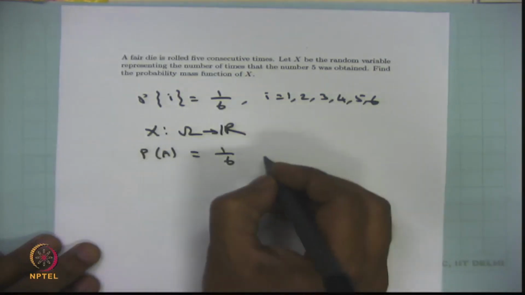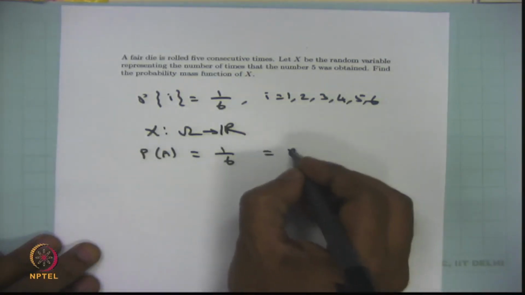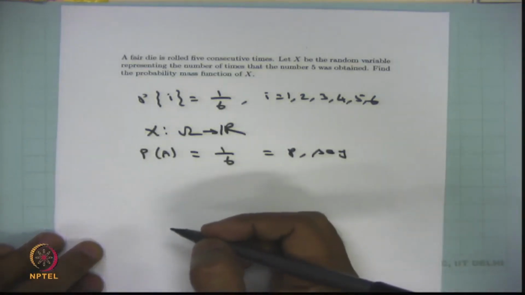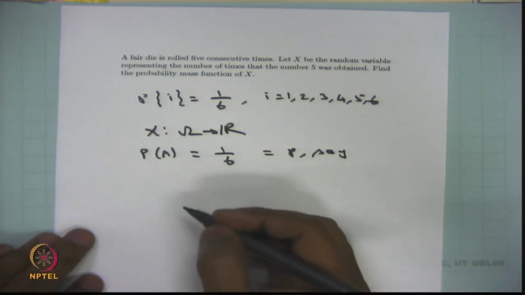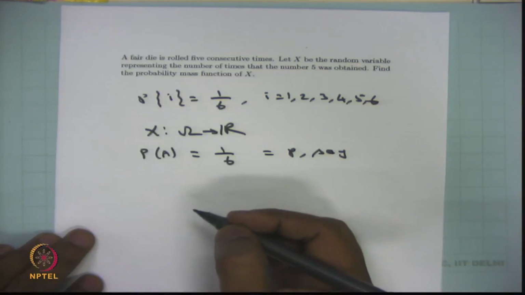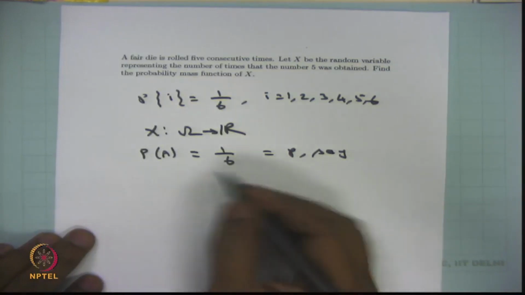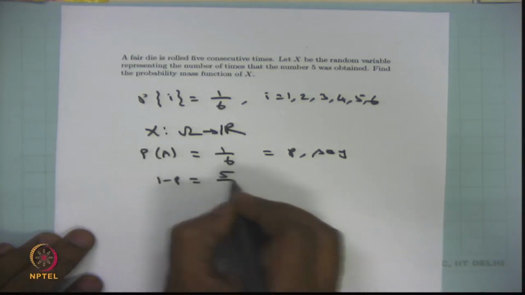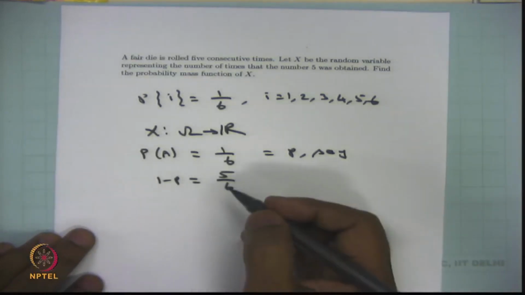The probability of event A is 1 by 6. That can be treated as the probability of success for each roll. Like that, we are making 5 independent rolls. That means the probability of success is 1 by 6 and the probability of failure is 5 by 6 in each Bernoulli trial.